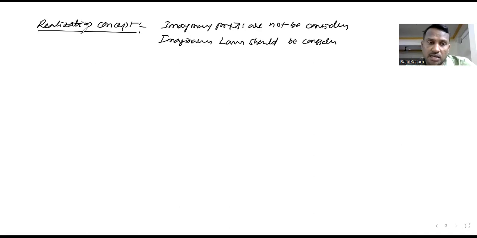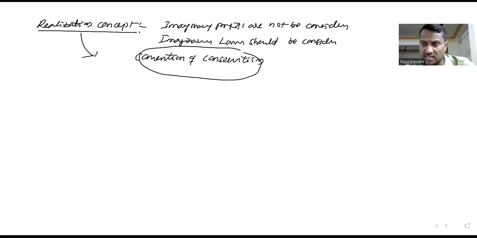And the same applies to the convention of conservatism. The concept and the convention give the same meaning while maintaining accountancy books. According to this, my dear students, imaginary profits are not to be considered, imaginary losses should be considered.